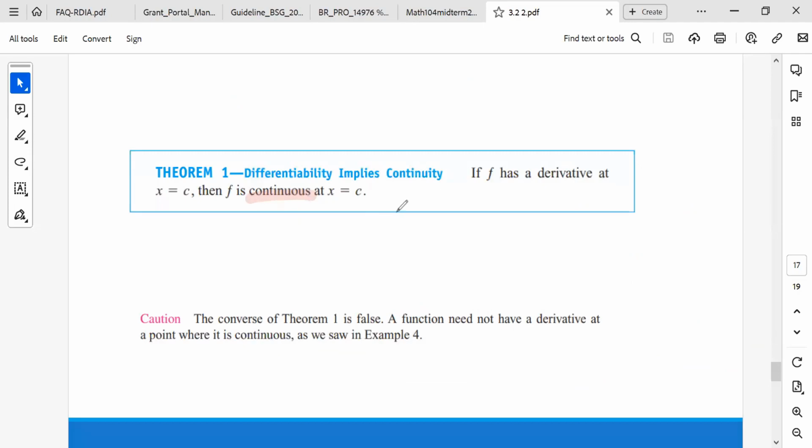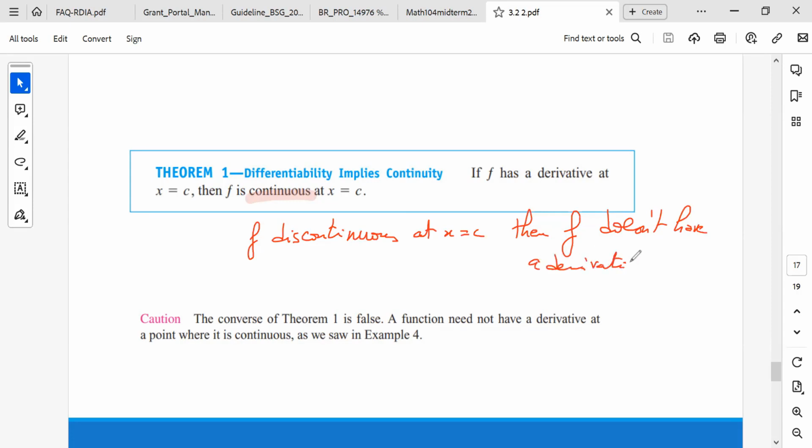اللي نقدر نقوله, what we are sure about is that if f has a derivative at point x equals c, we are sure that it is continuous at this point. العكس إنه if f is discontinuous at x equals c, we are sure that then f doesn't have a derivative at x equals c.